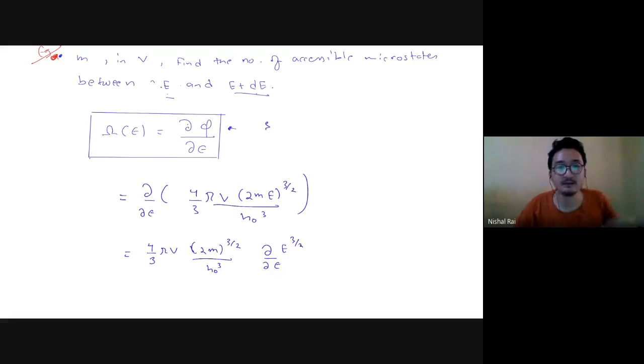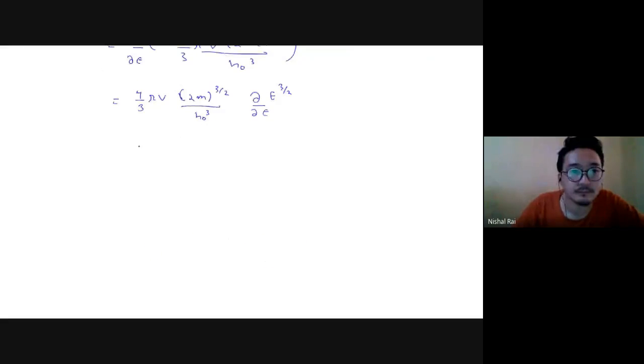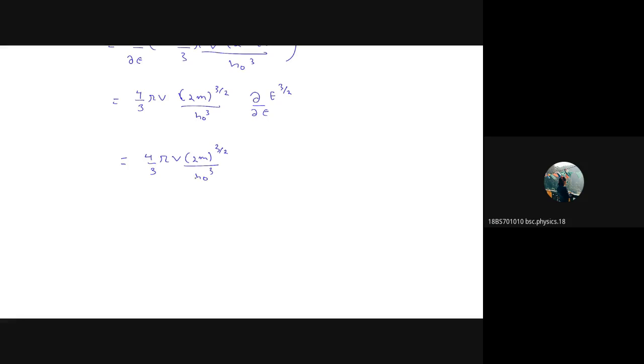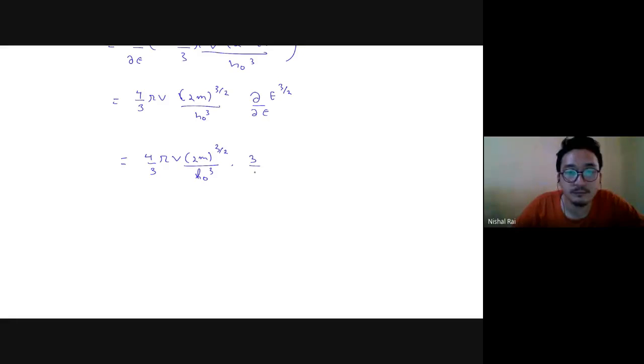Everything is constant, so we can take it out. We take the derivative of E to the power 3 by 2. What is it? 3 by 2 times E to the power half.